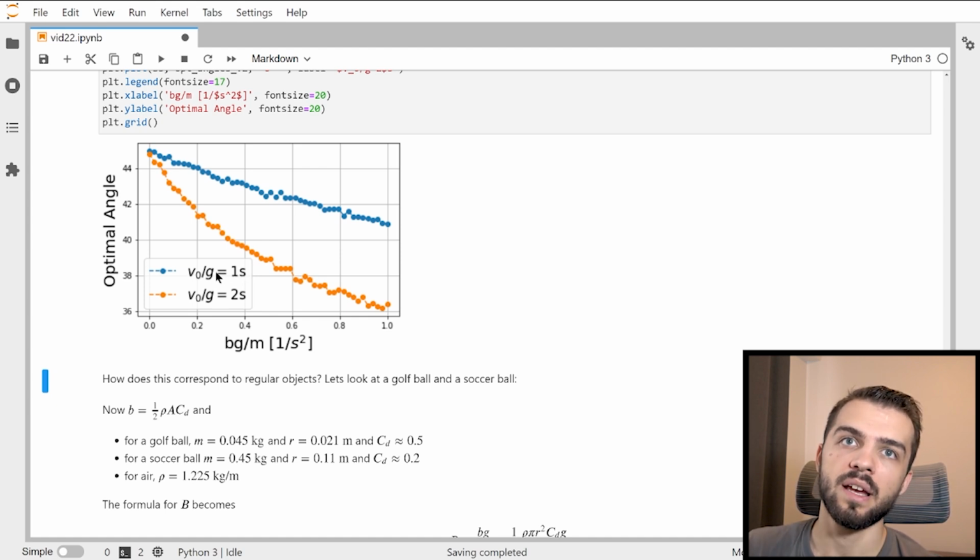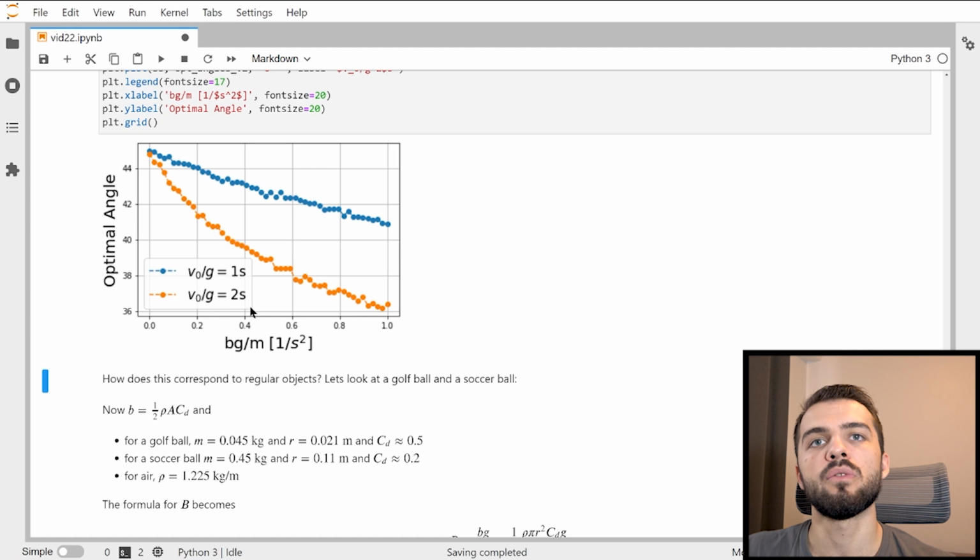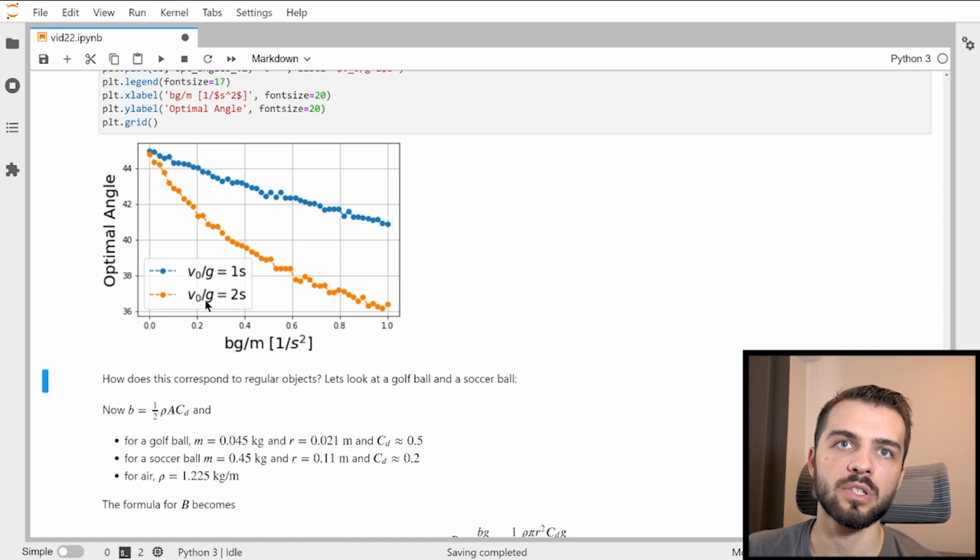And v naught is equal to 9.8 meters per second. And v naught here is about 20 meters per second. And so when I'm launching it at about an initial speed of 20 meters per second, which is the orange curve here, at a friction value of 0.4, the optimal angle that I should kick it at is about 40 degrees here. So that's exactly what this curve tells me.